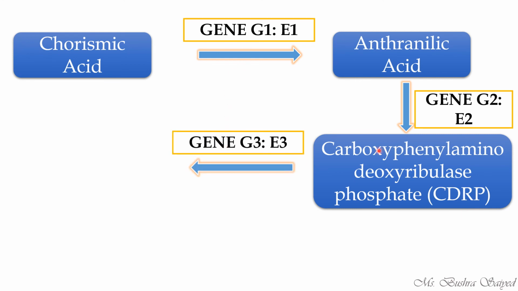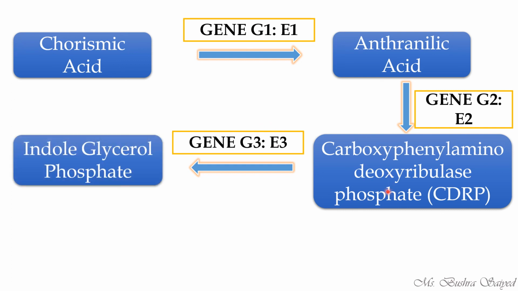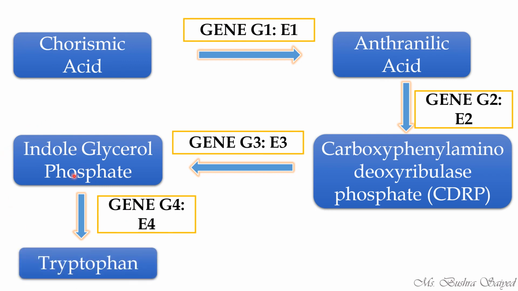Gene 3 will give rise to enzyme 3. In the presence of enzyme 3, this CDRP will be converted into indole glycerol phosphate. So tryptophan is not formed yet. Now gene 4 expresses enzyme 4, and in the presence of enzyme 4 and indole glycerol phosphate, there will be the production of tryptophan.